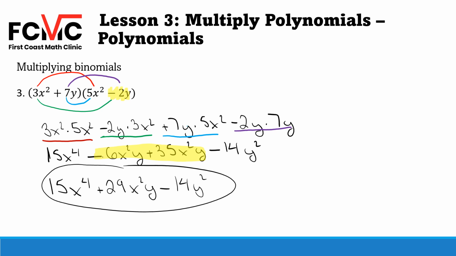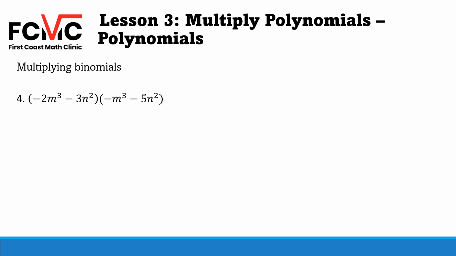All right, let's do one more example where we use the box method. So here we've got negative 2m to the third minus 3n squared times negative m to the third minus 5n to the second.